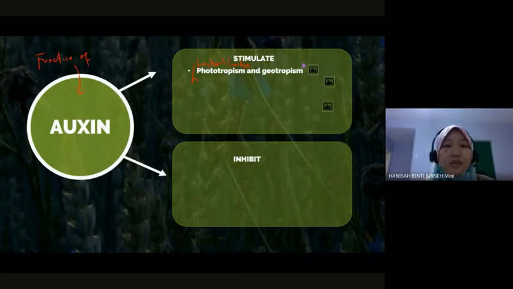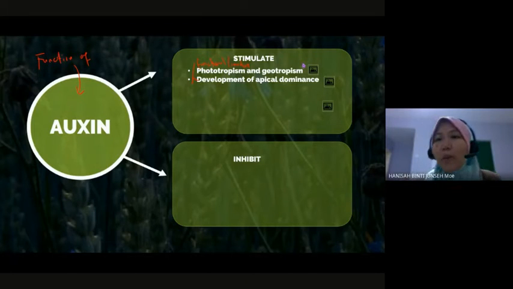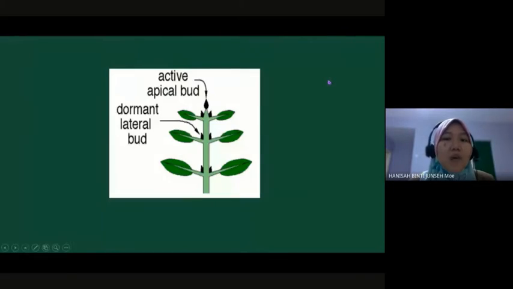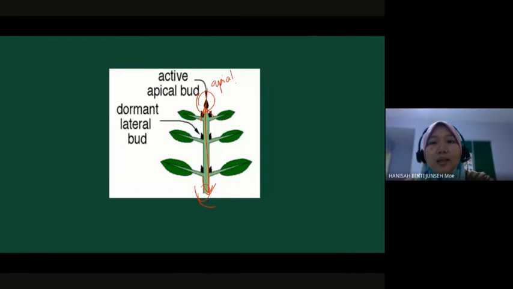Okay, the next function of auxin is to stimulate the development of apical dominance. Where is apical dominance? Apical dominance is at the root and shoot. Apical means it will be at the axis here. This is the apical dominance.